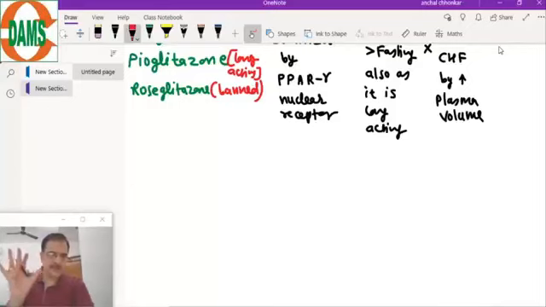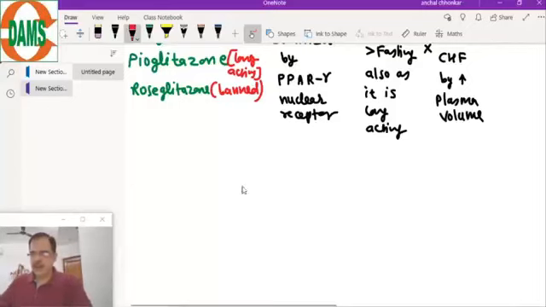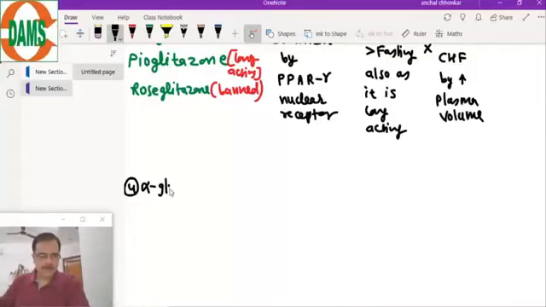Now come to the fourth one: the alpha glucosidase inhibitor.